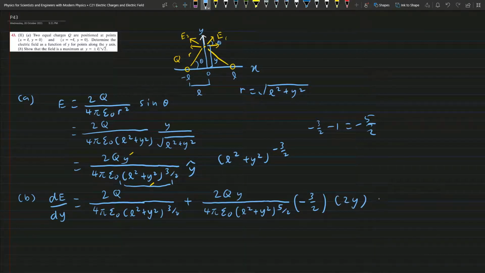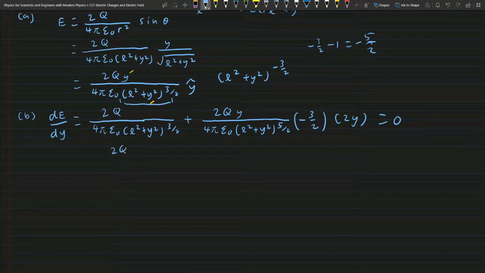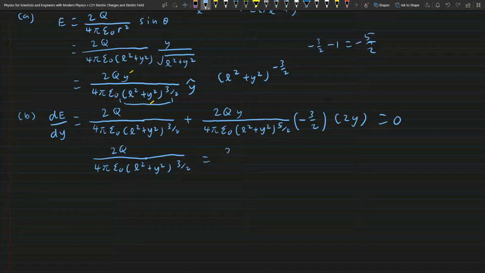Now this whole thing should be equal to 0 because we want to find the maximum point.